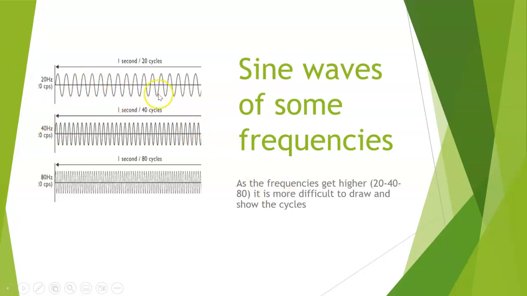But as soon as we start getting more than that, it's very difficult to draw and show those cycles. So it would be very difficult at this 80 hertz tone to try and count the compressions and rarefactions because it's so close together. So the higher the frequencies get, the more difficult it is to draw and show the cycles.